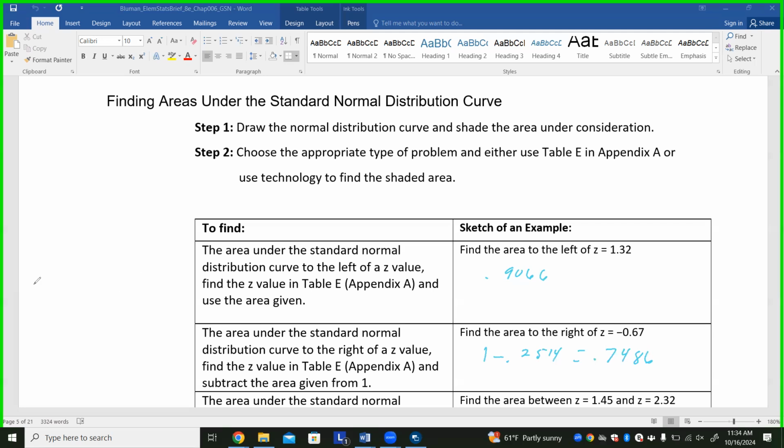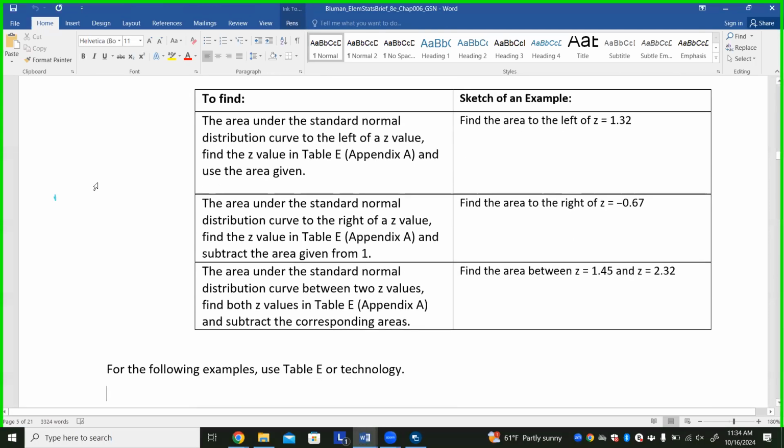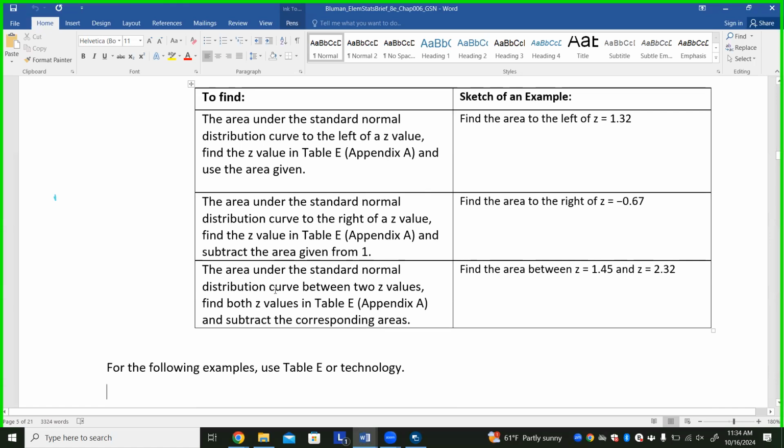All right, so let's look at another example. This one says the area under a standard normal distribution curve between two z values. We're going to find both z values and subtract the corresponding areas. So we need to find out what 1.45 is.